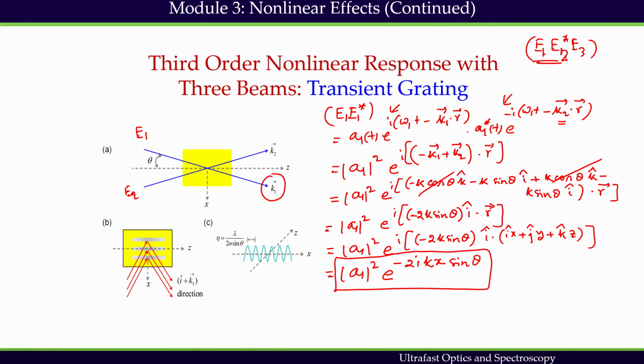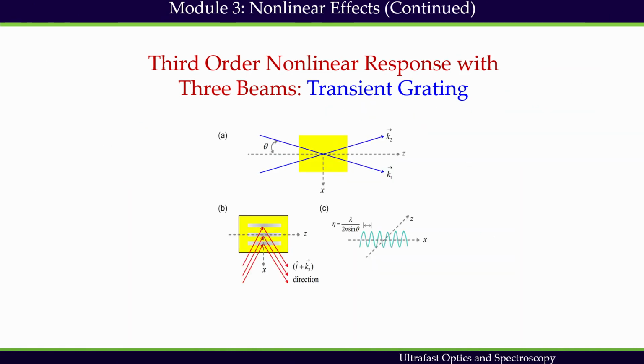And taking only the real part of this, what we get is A1(t) modulus squared, and then the real part is going to be cos of that function, so cos of 2 k x sine theta.